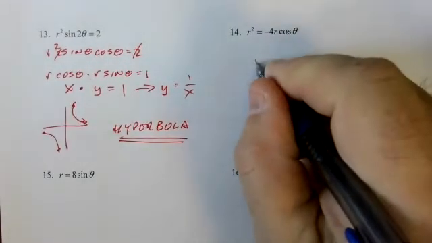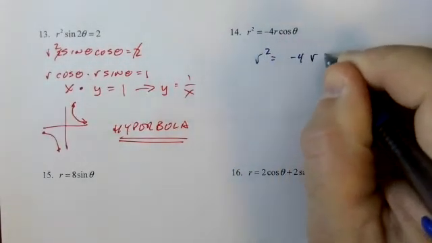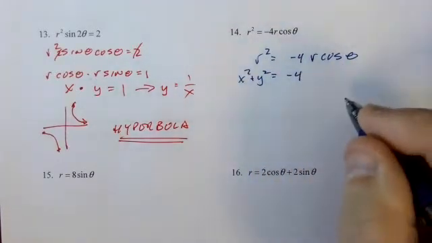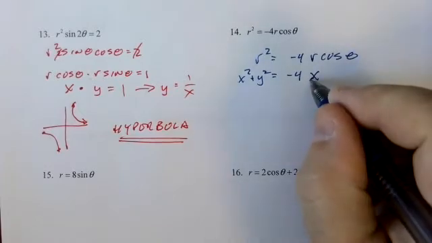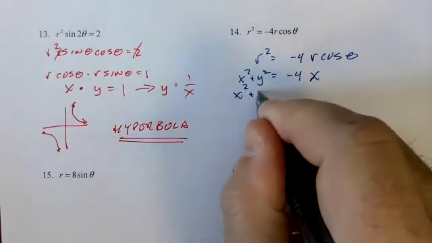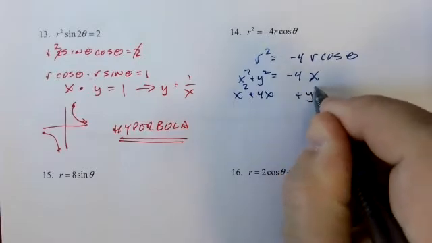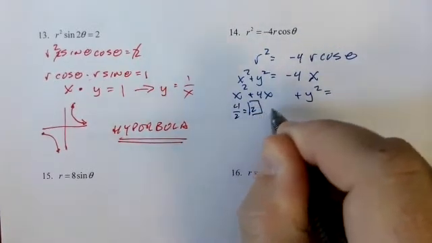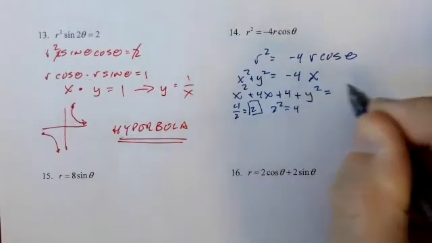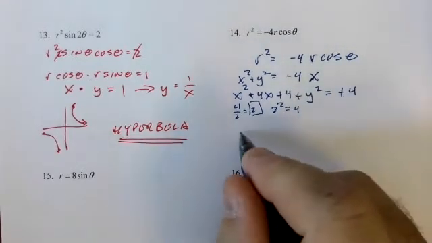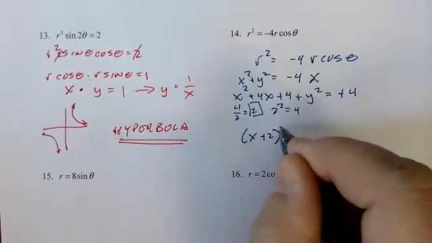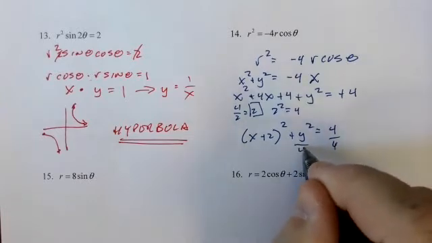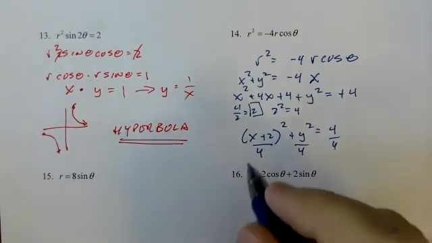All right. r squared equals -4 r cosine of theta. x squared plus y squared equals -4x. That's a circle centered somewhere else. Well, let's keep going. x squared plus 4x plus y squared equals 0. 4 over 2 equals 2 in the box. 2 squared equals 4, plus 4, plus 4. x plus 2, because that's what's in the box, squared plus y squared equals 4.